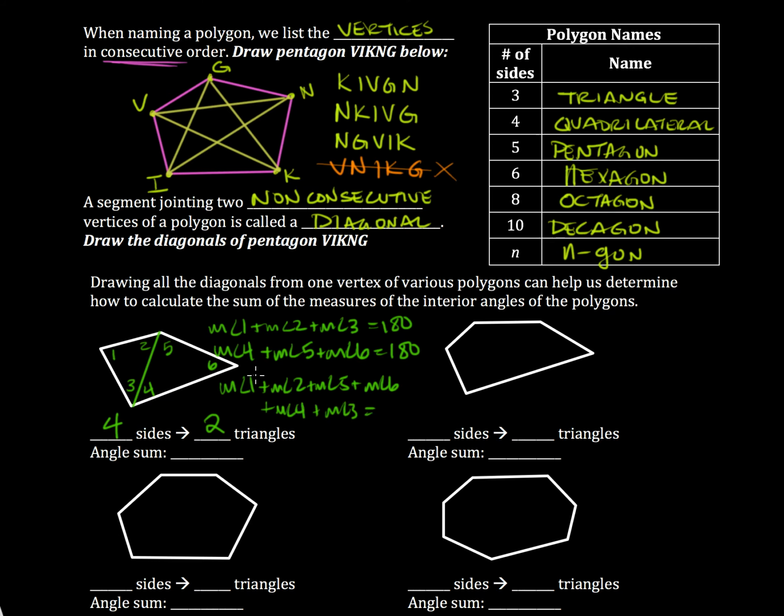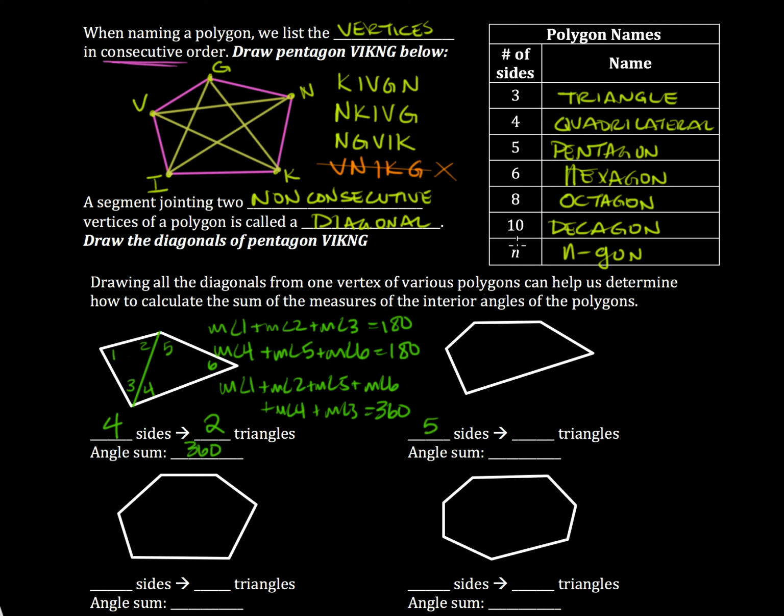Well, that's going to be 180 for 1, 2, and 3, and then another 180 for the 5, 6, and 4. So that's going to be 360 degrees, right? The two triangles together are each 180 degrees, so when I put them together, I'll get 360.